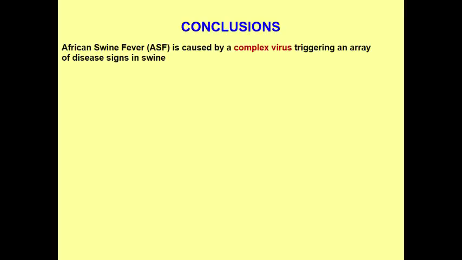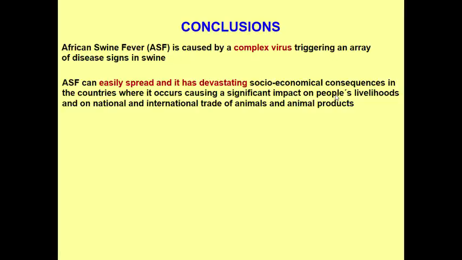So in conclusion, African swine fever is caused by a very complex virus that triggers an array of disease signs in swine, and this disease can easily spread and has devastating socioeconomic consequences in the countries where it occurs, significantly impacting people's livelihoods, which is very important, and national and international trade of animals and animal products.